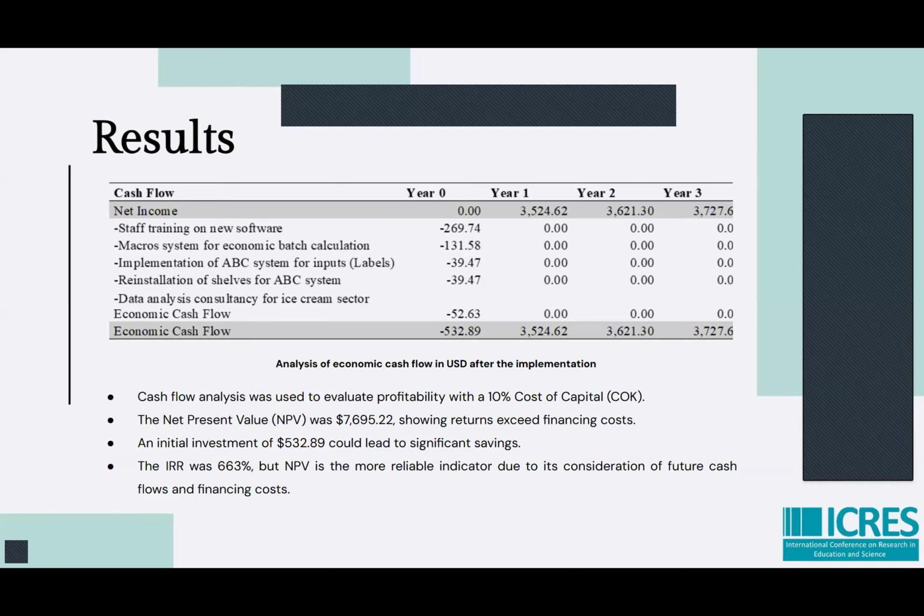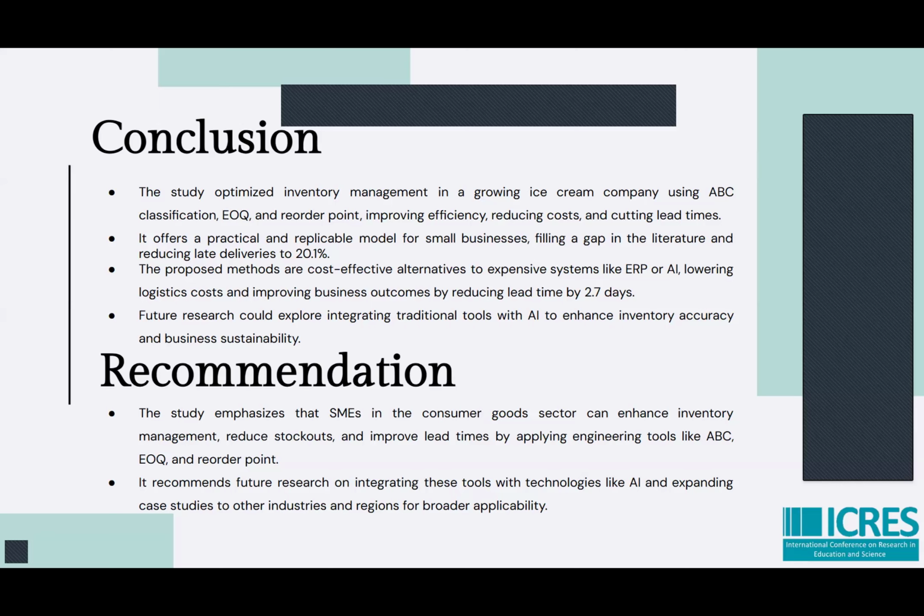The key outcomes include a reduction in late deliveries to 20%, a decrease in lead time by 2.7 days, and a cost-effective alternative to expensive ERP or AI systems. The model presents a practical and replicable solution for small businesses, addressing a gap in existing literature. Future research could explore the integration of traditional tools with AI to further improve inventory accuracy and support long-term business sustainability.